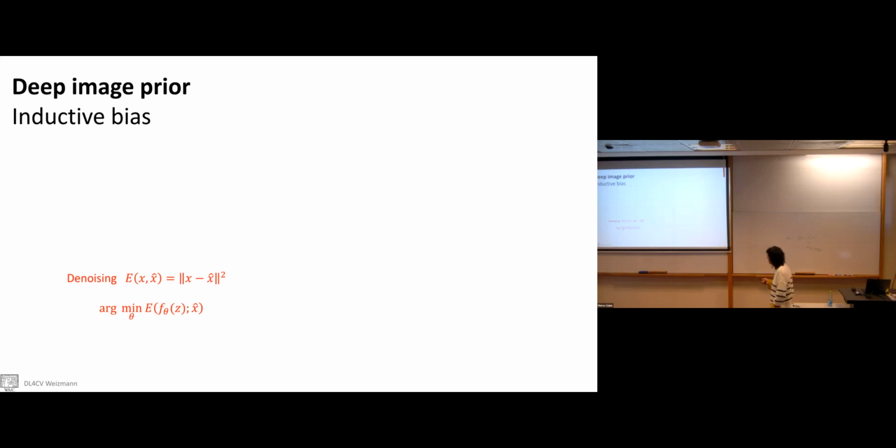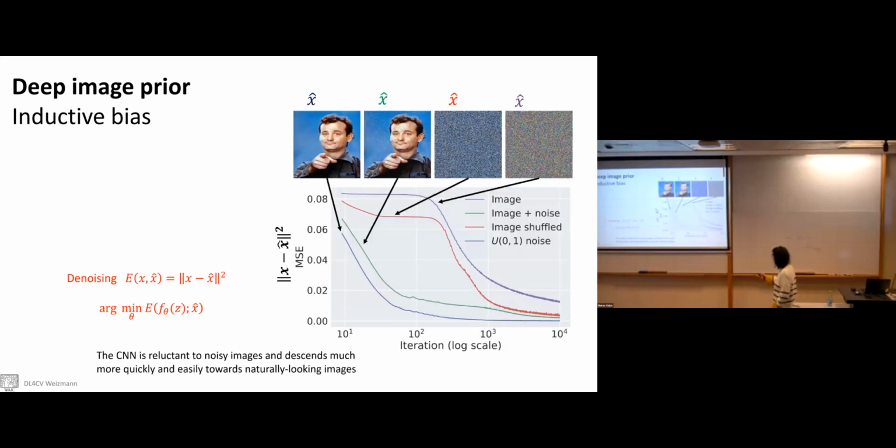In the paper, which was I think 6 years ago, they did the following empirical experiment and showed the following thing. They took as X bar several kinds of degraded images: natural image, degraded image, shuffled image, and noisy image. And look at the loss.